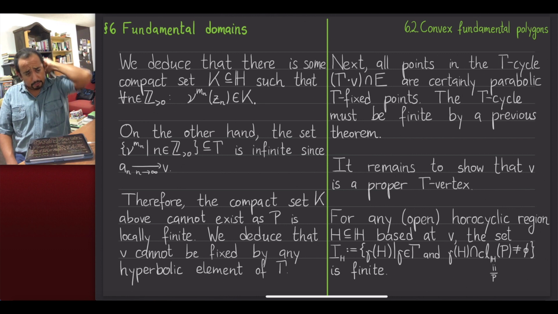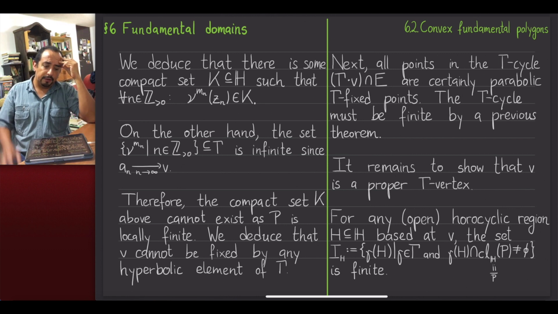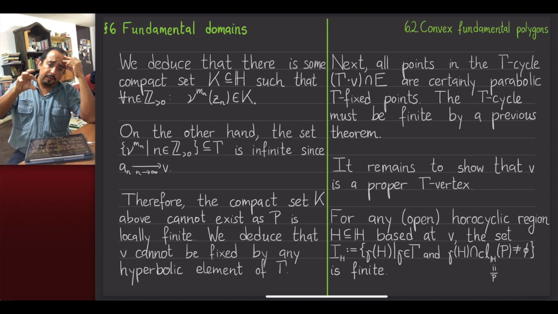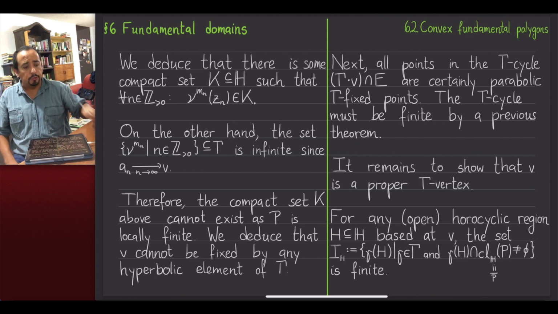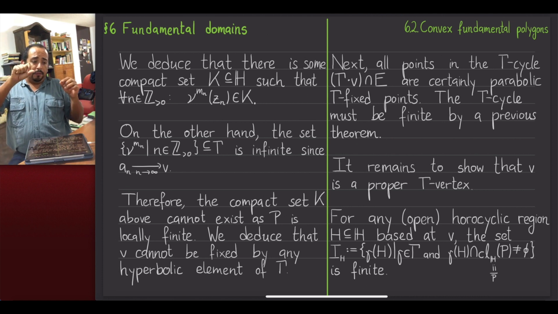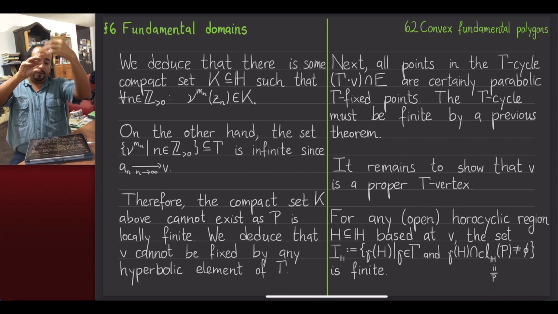What I'm going to do is make some considerations about an arbitrary horocyclic region based at V, and then see what happens when I shrink this horocycle. Kind of what I'm about to do is similar to what I did when, given a point in H, I took first a compact neighborhood that then intersects only finitely many images of the fundamental domain by local finiteness.